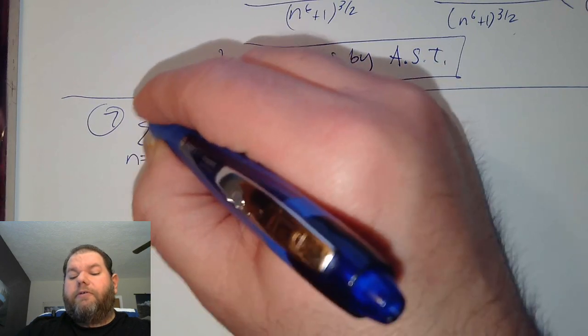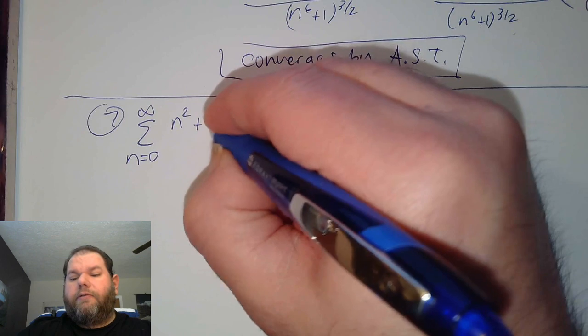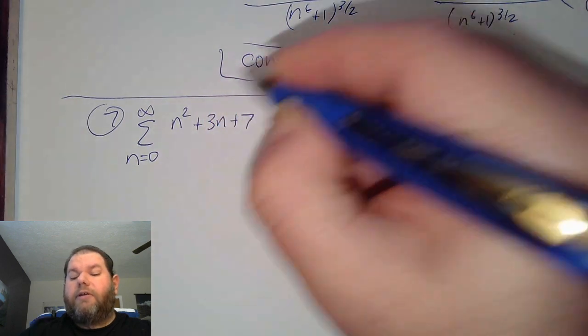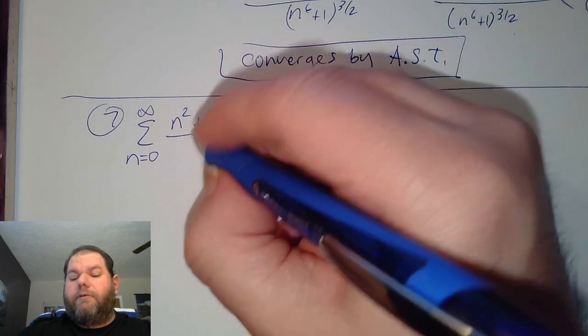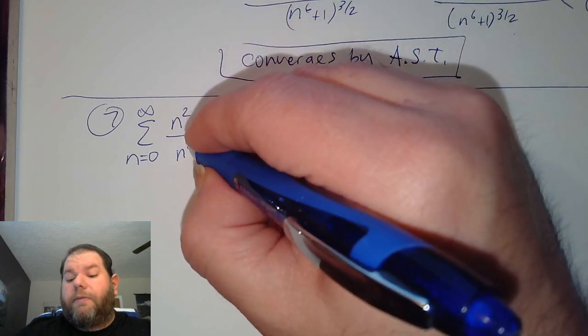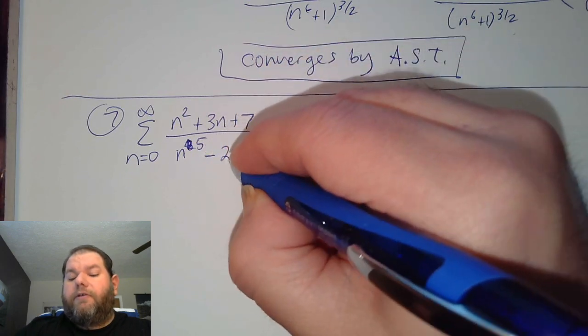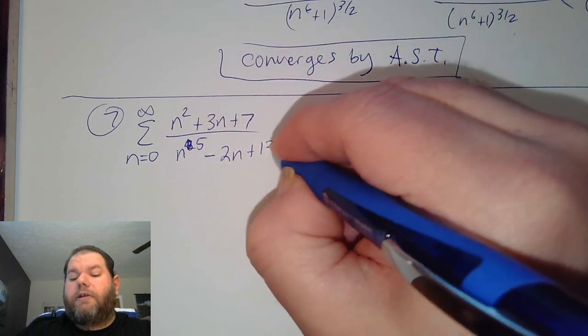Sum n equals 0 to infinity of n squared plus 3n plus 7 over n to the 5th, my bad, minus 2n plus 13.